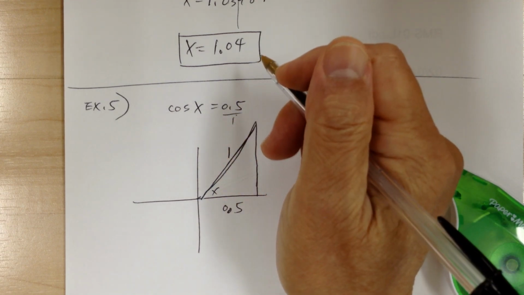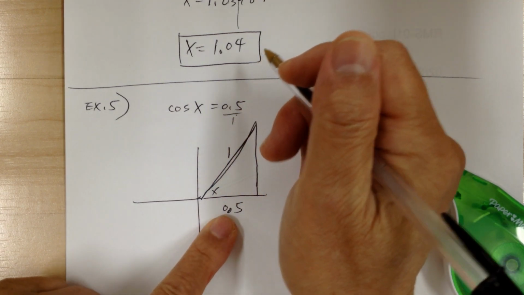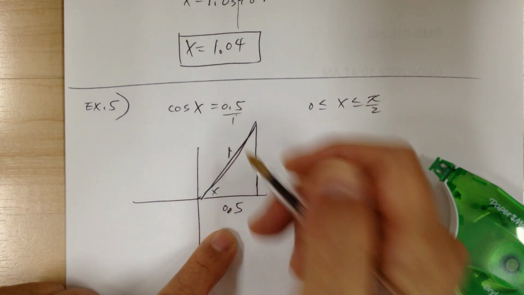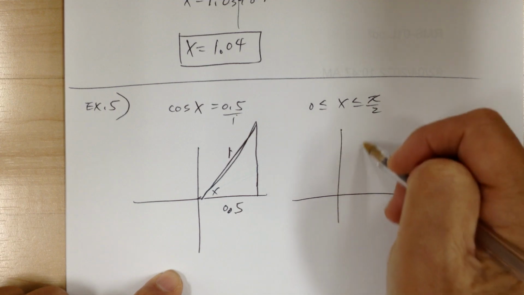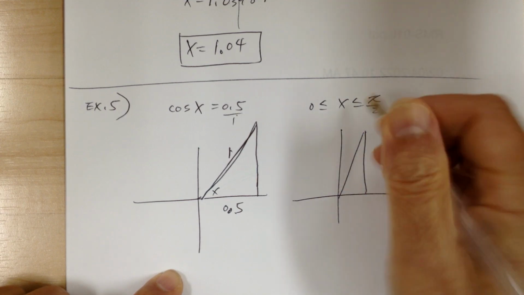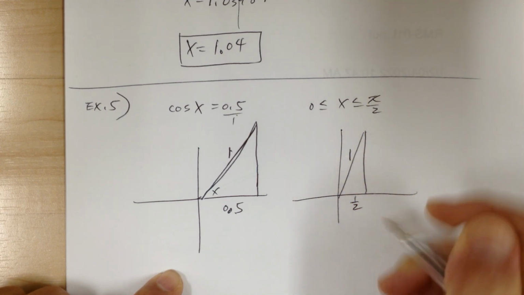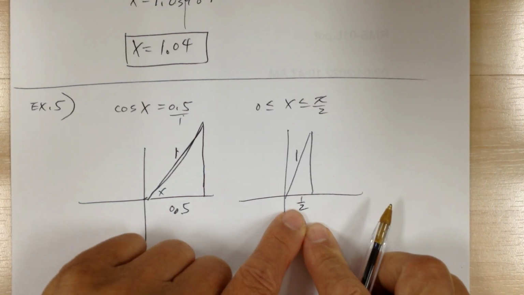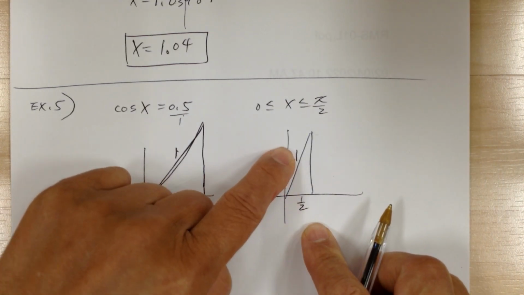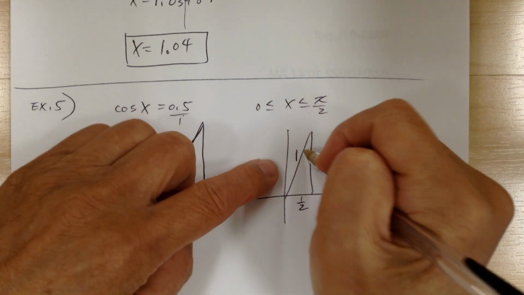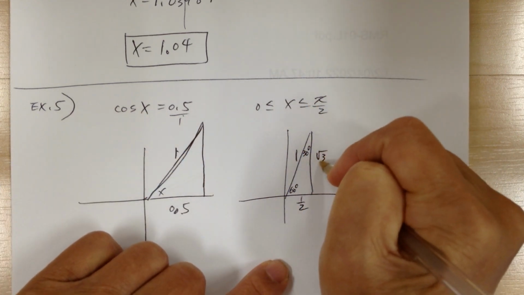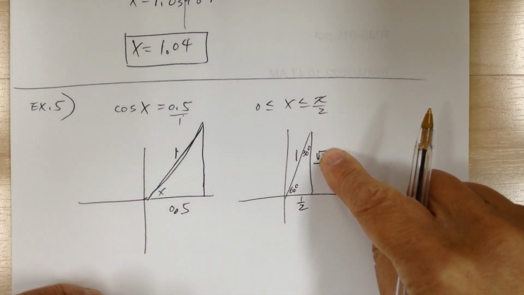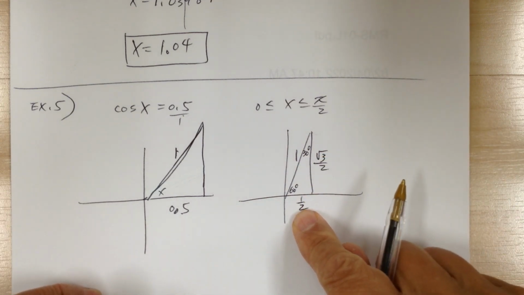So if you realize that this is half of that, instead of using decimals, I'm going to use fractions. I'm going to redraw my triangle. So this is 1 and this is 1/2. Now if this is half of that, that means this is 30 degrees and this is 60 degrees. So this would be square root of 3 over 2, because the long leg is square root of 3 times the short leg.